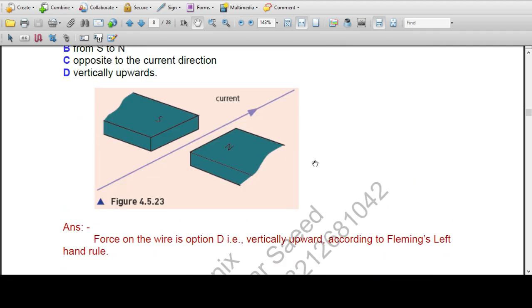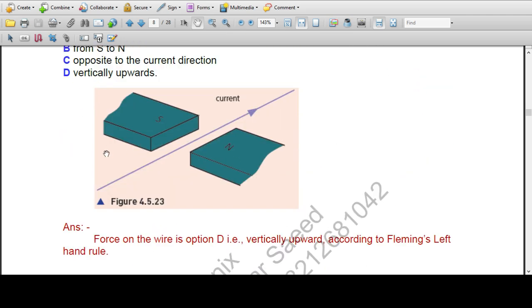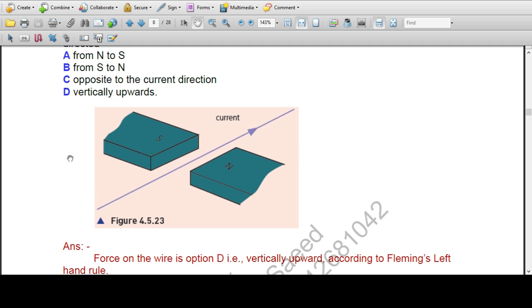If we use Fleming's left hand rule, because the current is provided to this coil or wire and it is in the magnetic field, the north to south direction is given here, and the current is going inward, so the force will be vertically upward.